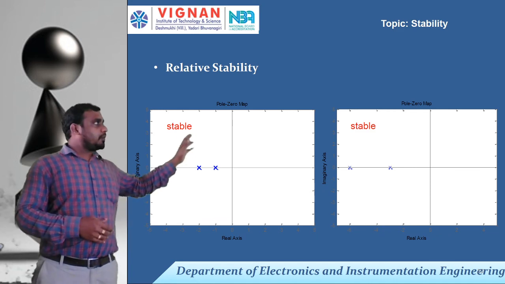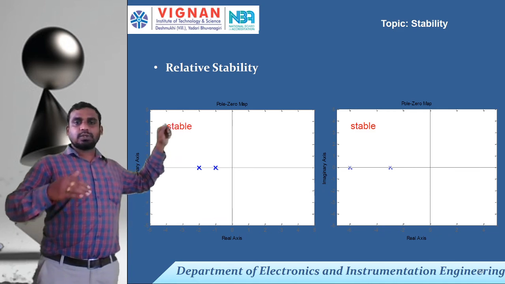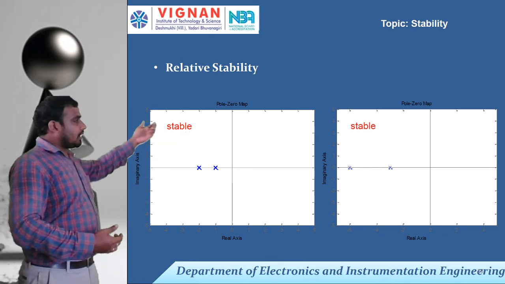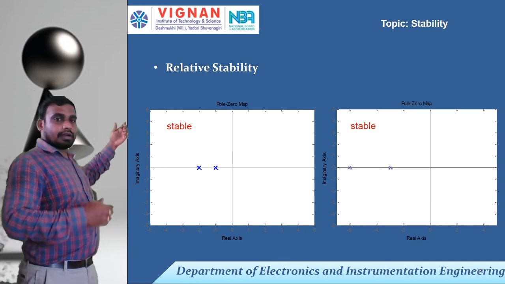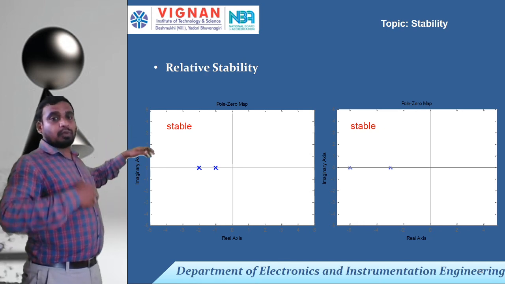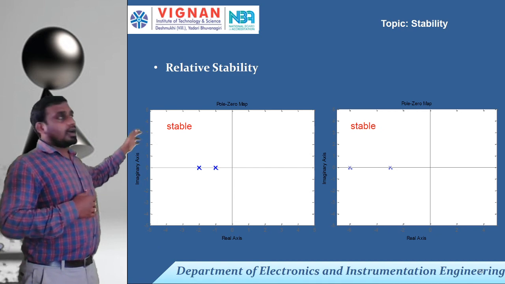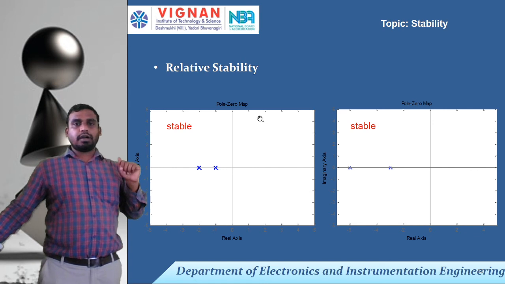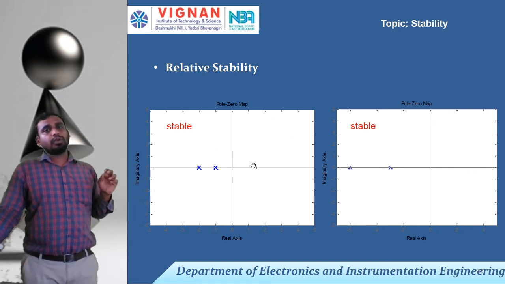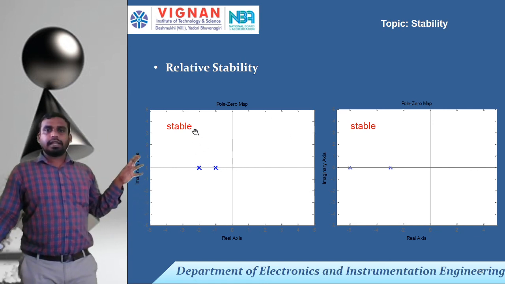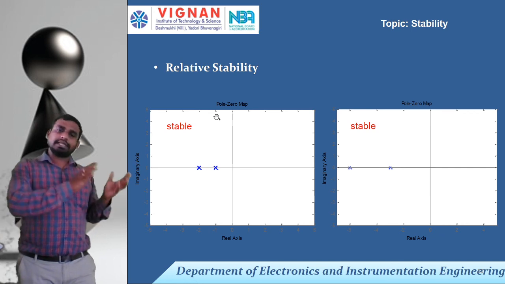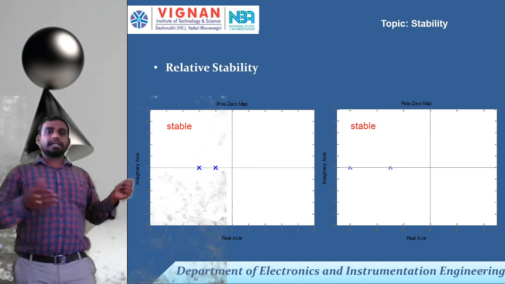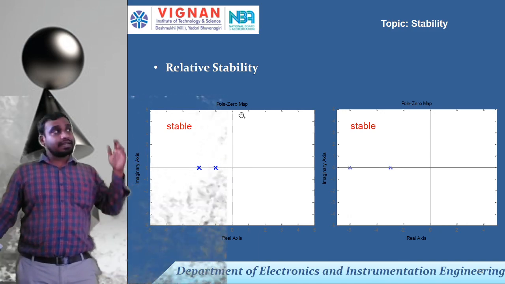For example, a pole near the origin may take 5 seconds to reach its stable region, but a pole lying away from the origin will take more time to reach its steady state. Right? I hope it was clear. Relative stability depends on the pole location. Whatever the system is, it is stable, but it tells the transient, like how much time it will take for the system to reach that point.